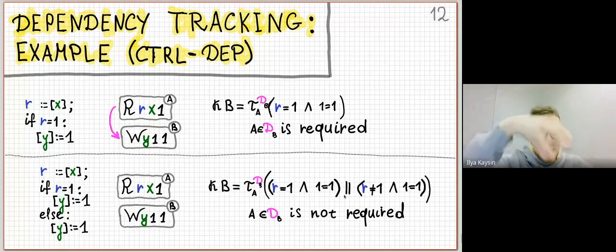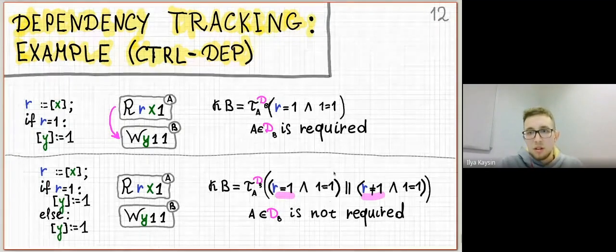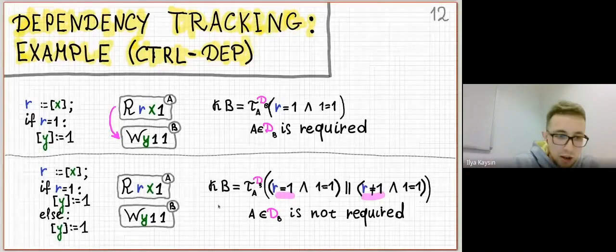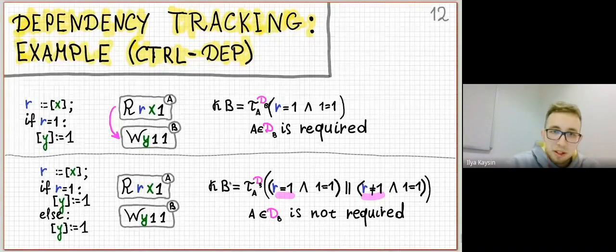So we just combine the condition from if and the condition from else. And this way, if you look closely at the formula, you can notice that it's just a tautology. Since it's a tautology, we don't need any premise to make it a tautology. So we don't care if we add r equals 1 or r equals x as a premise. It will be a tautology anyway. So in this sense, we don't force this edge from A to B.